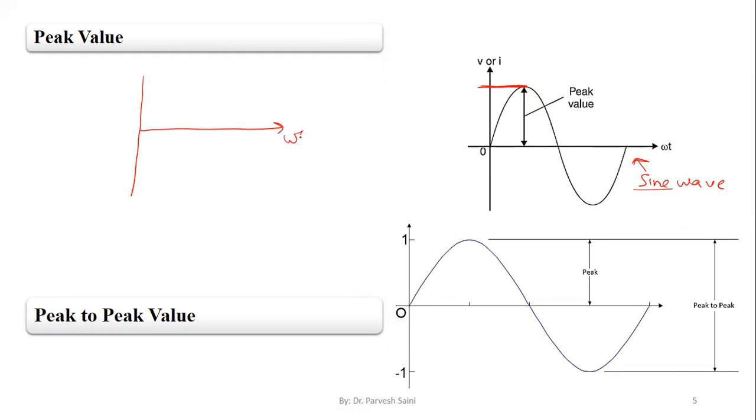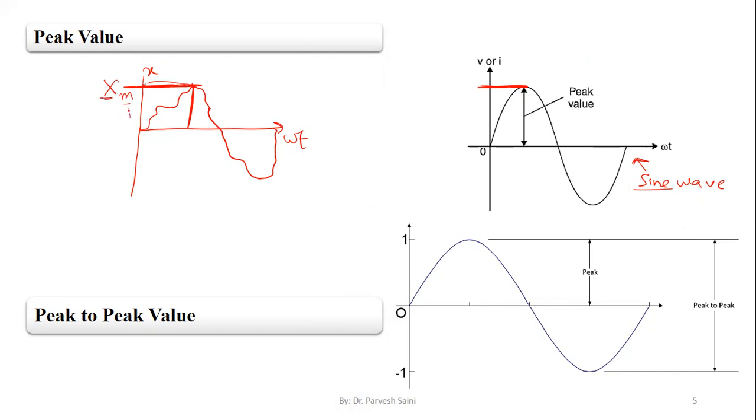This is the omega t axis, and this is some alternating quantity. So it is something like this, for example. The peak value is this one here, right? This is the maximum value that is attained by this particular signal. So it will be termed as Xm, capital X and small m here.